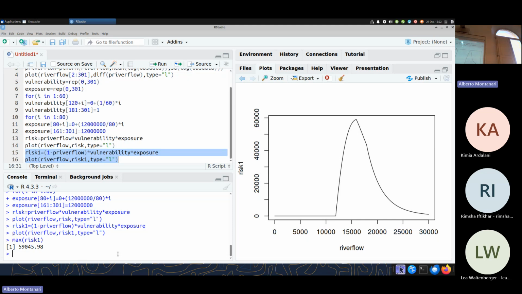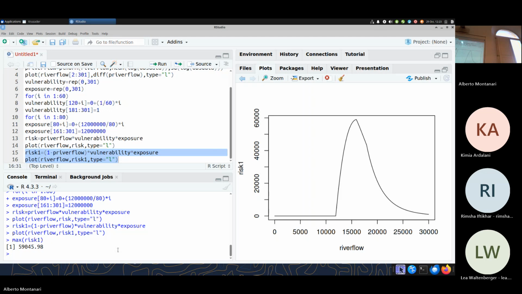Yeah, it's not 5 million indeed. I was wrong. It's like 0.6 millions, okay? And remember, the max exposure was 12 millions, okay? Okay, this is the max of the risk.